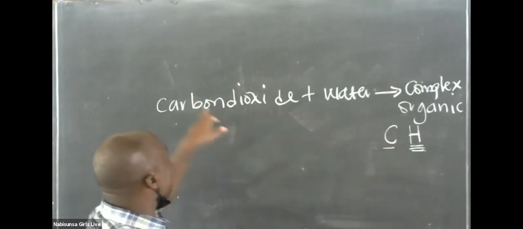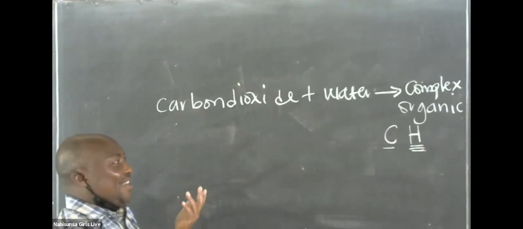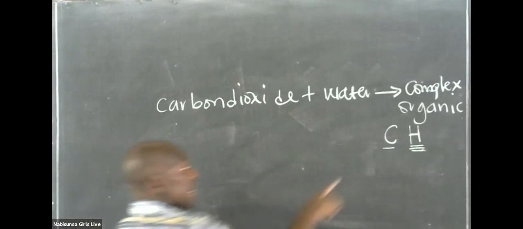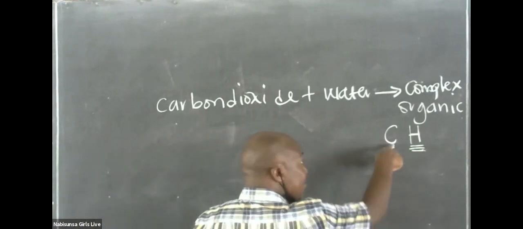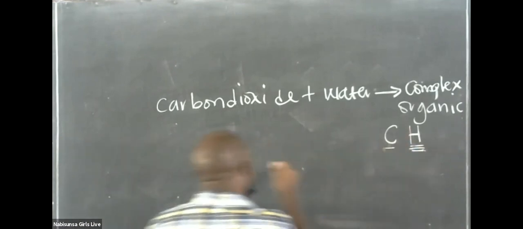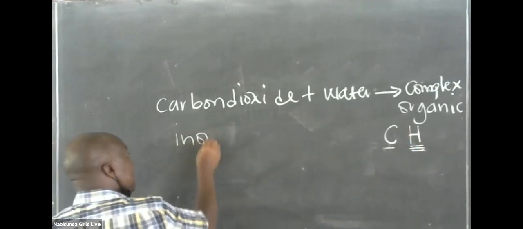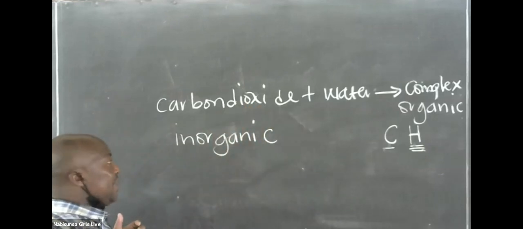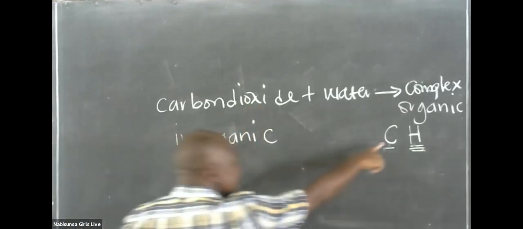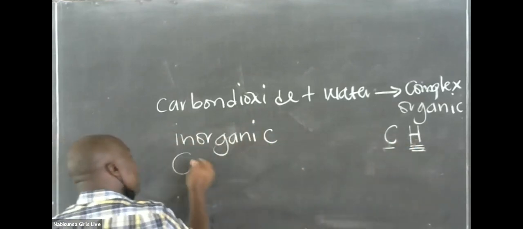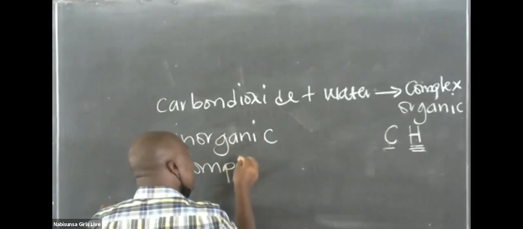Now, meaning that when we talk about simple inorganic compounds, they don't contain carbon and hydrogen. That is the one which we say is inorganic. Someone will ask, what is inorganic? It doesn't contain carbon. I'm assuming you have covered compounds.